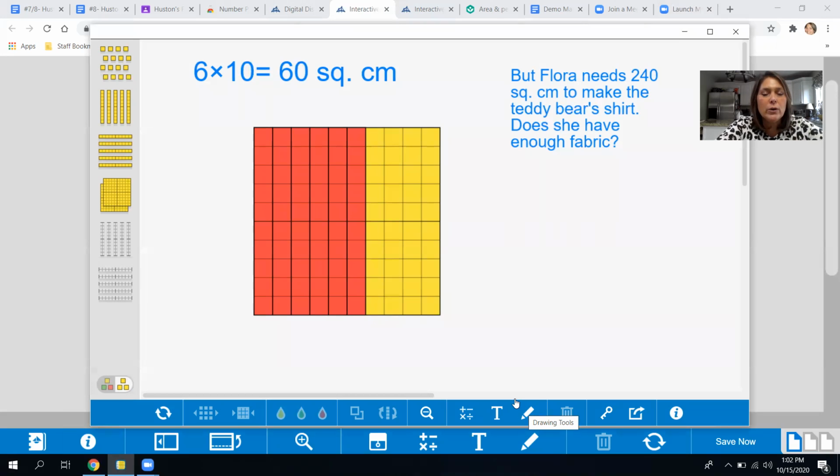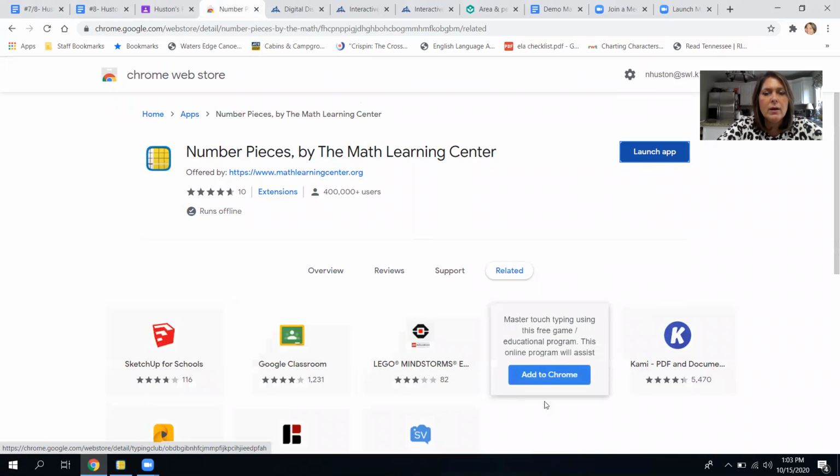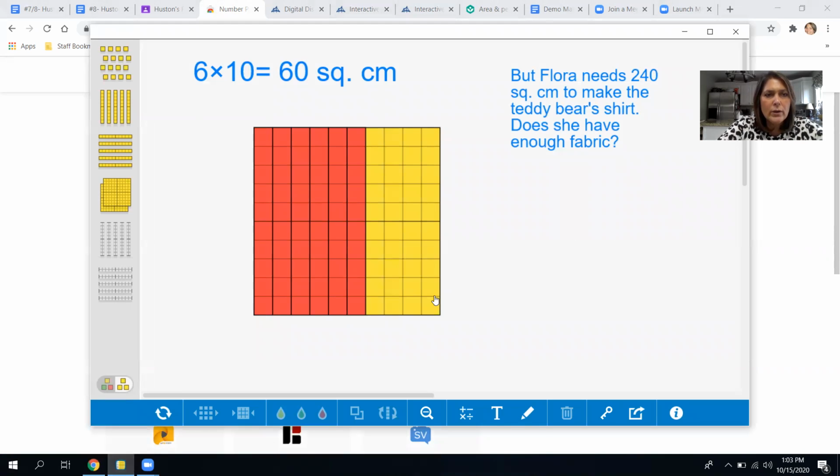All you have to do is launch the app, and you're going to see that you want to do it through the Chrome web store. And then if you hit launch app, since you have Chrome on most of your devices or all of your devices, it should be something that you can just add very easily. So that is what you're seeing right now.